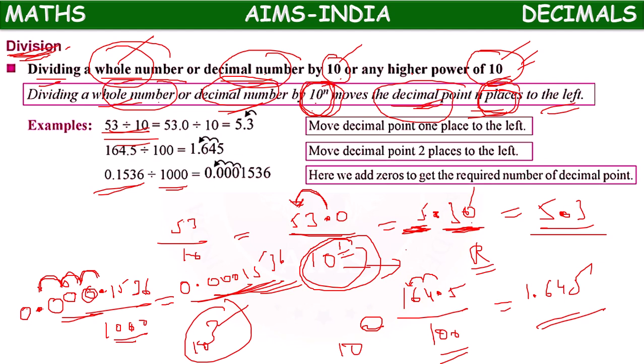According to our convenience, we can keep zeros on the extreme right side of decimal part or on the extreme left side of whole number part. We can keep zeros as many as we want without changing the value. Because if we keep zeros, then only we would be able to shift the decimal point.